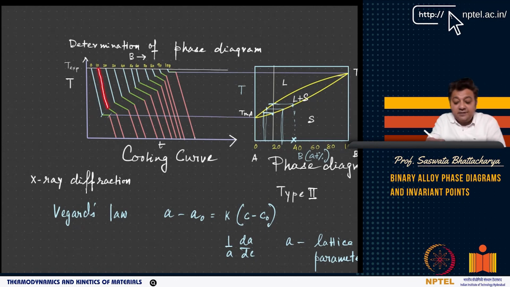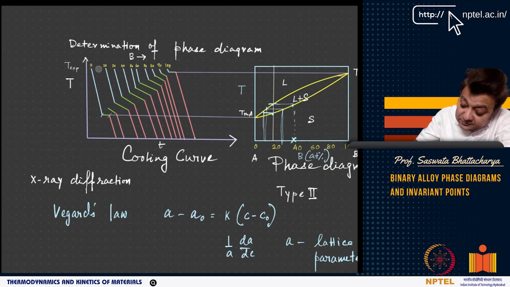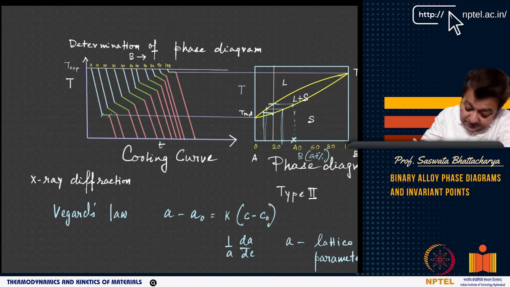In fact, here it looks almost parallel. However, it will not be parallel, right? The conductivity of the liquid containing 10 atomic percent of B can be different from that with 0 atomic percent of B, for pure A. So although it seems parallel, it will not be parallel. This is something that I am just trying to say.